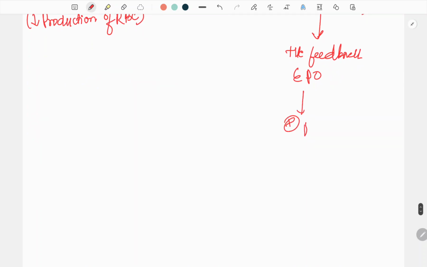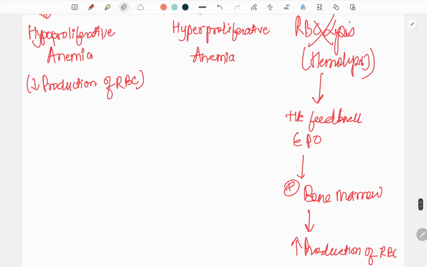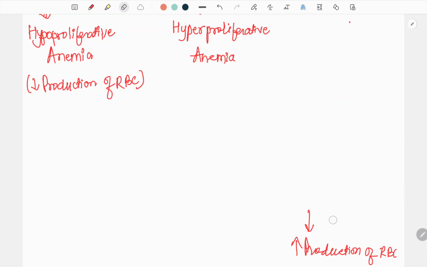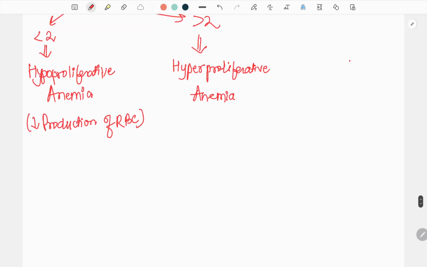This will activate the bone marrow so that there is increase in production of RBC. So this is the reason for hyperproliferative anemia in a case of hemolysis or hemolytic anemia. So hyperproliferative means hemolytic anemia. Clear?